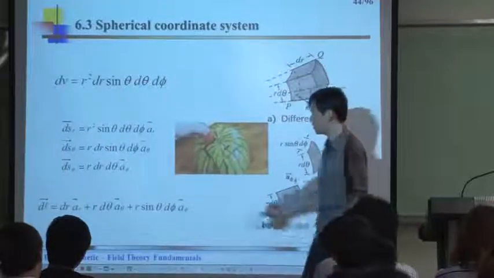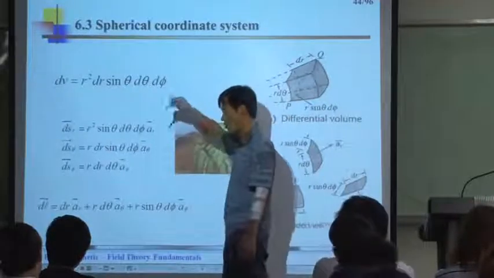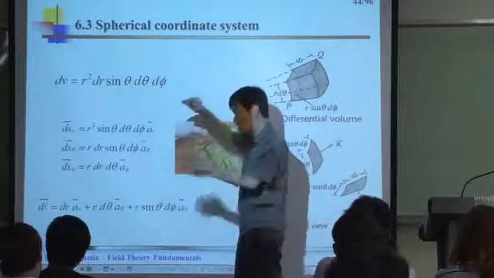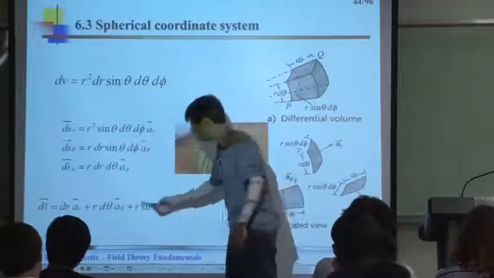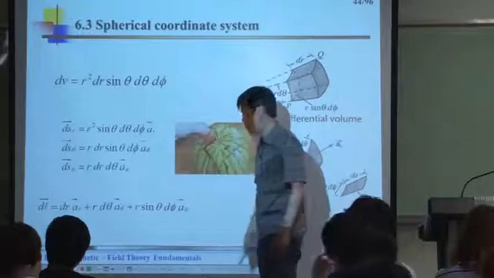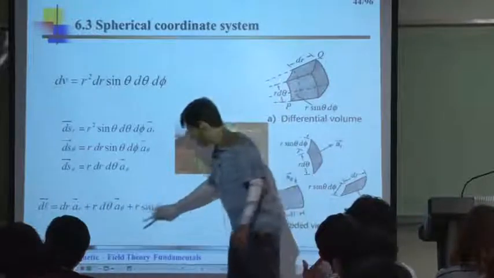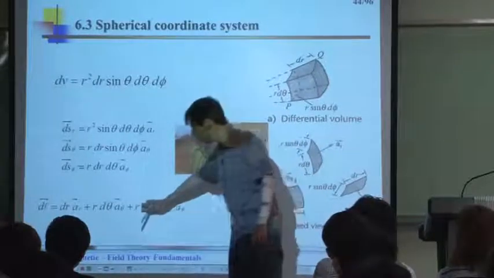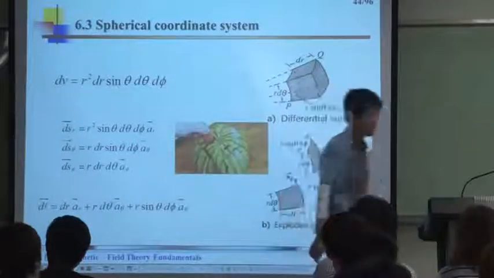As I explained, if it is on the north or south, the length is reduced, so that factor should be multiplied. So only in the equator surface, you can ignore that factor.